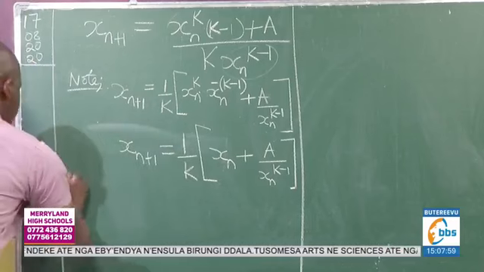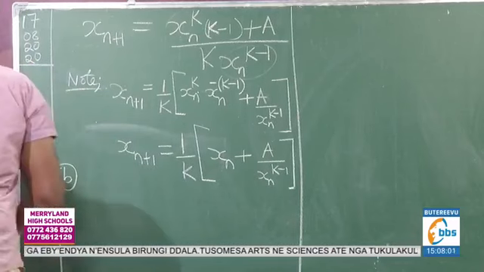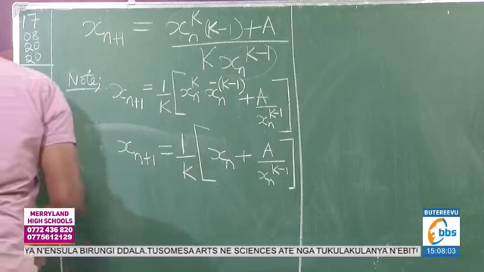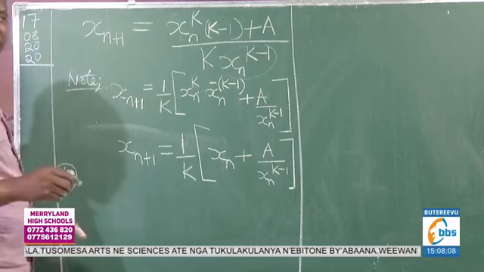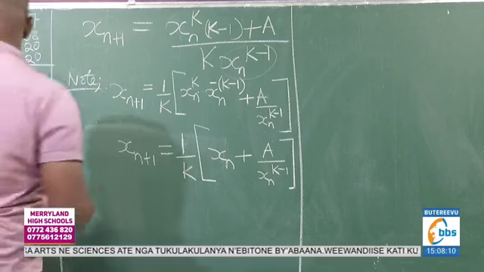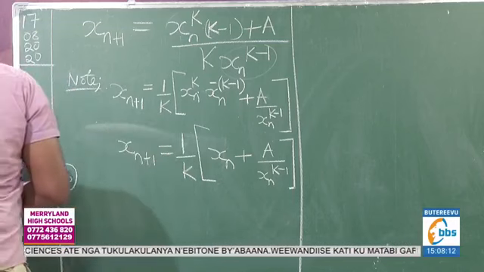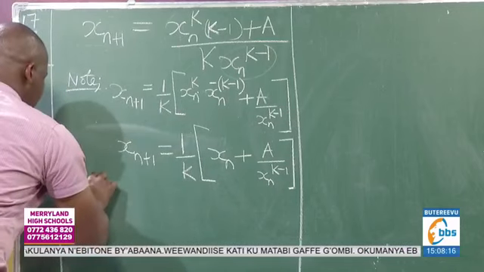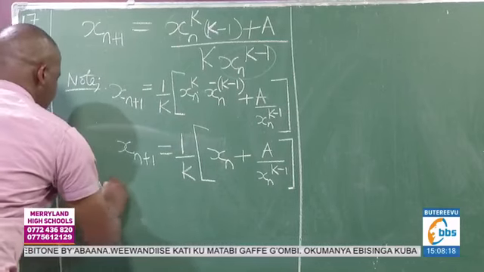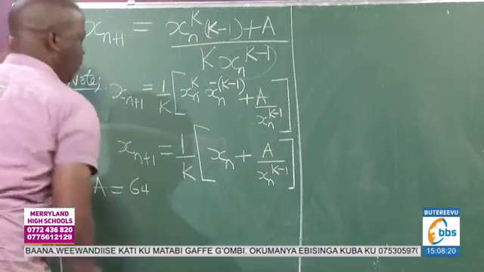Now for part B, the number that we are supposed to find out is now 64. And the error, we are told that the error is less than. If the number is 64, it implies that our A is 64.